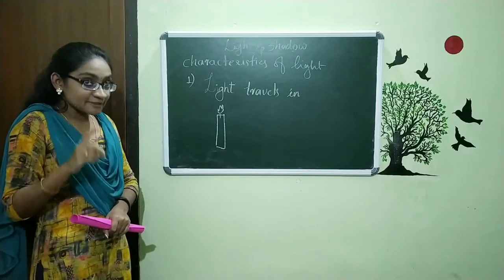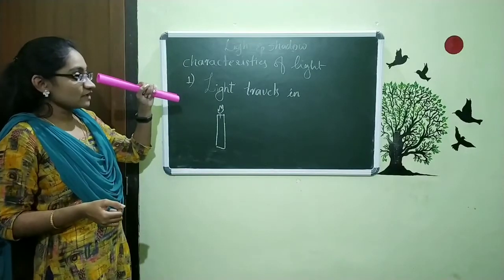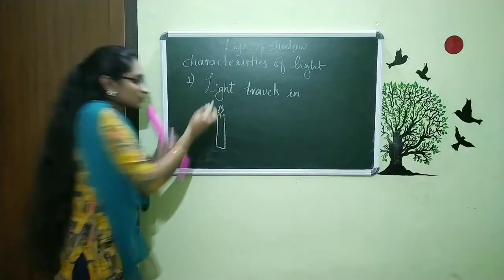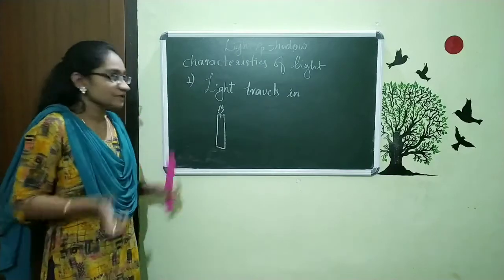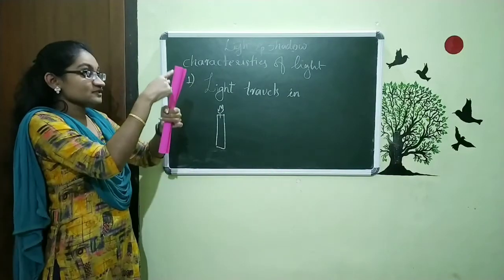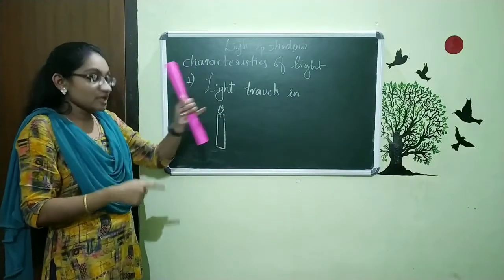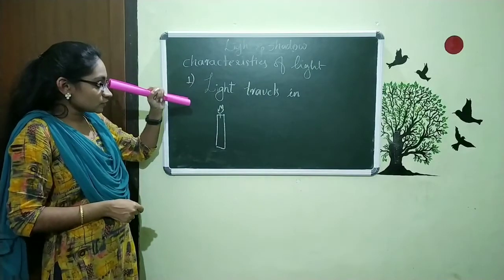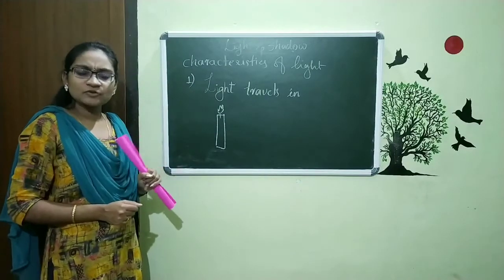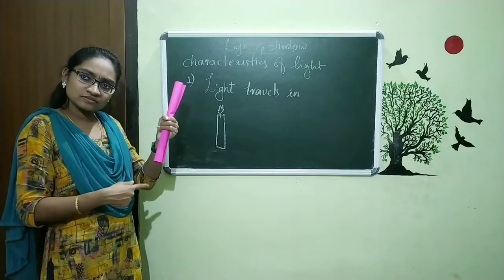And our experimental setup is this. I just want to look at this light through this tube. That is my procedure. So, this is one straight tube and I am looking through this tube. Is it possible to see this light through this?